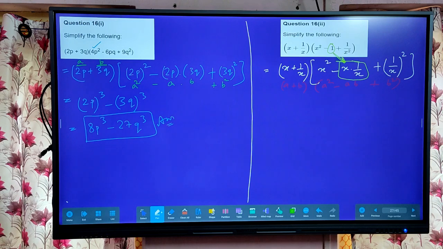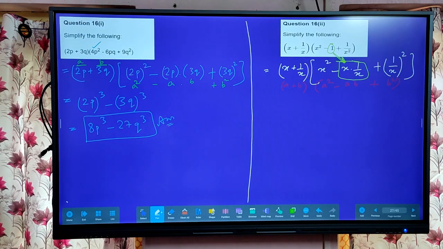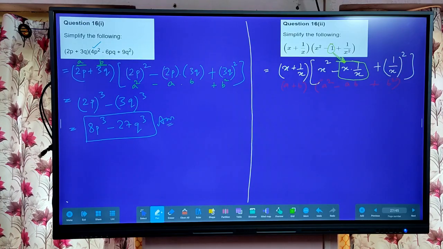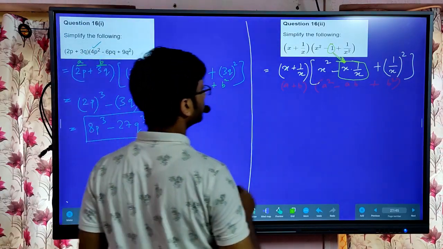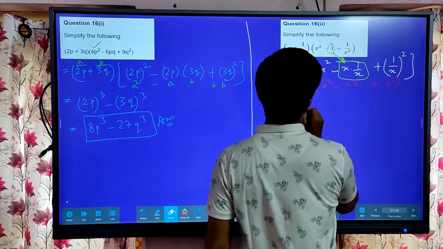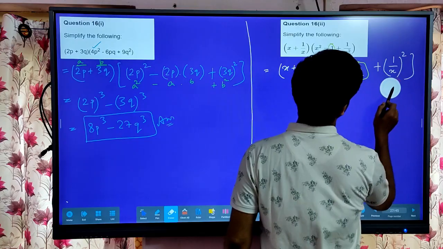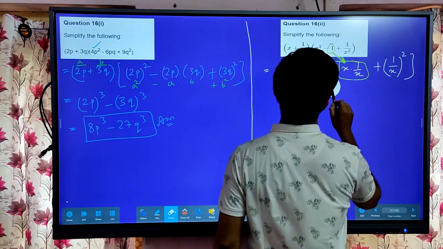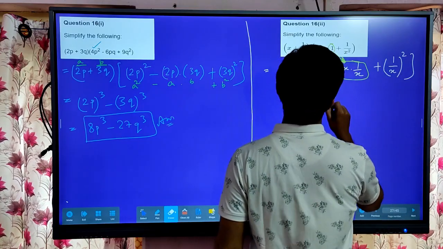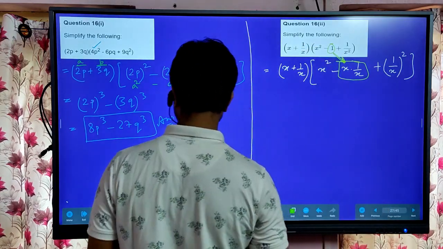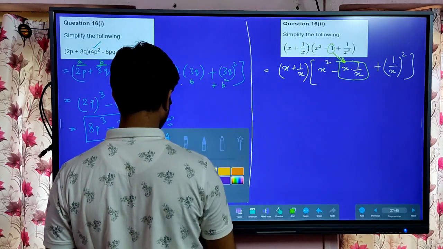Is this visible? Is the color visible? Let me see. No, the red color is not visible properly. So let me change the color. So this is basically like this.